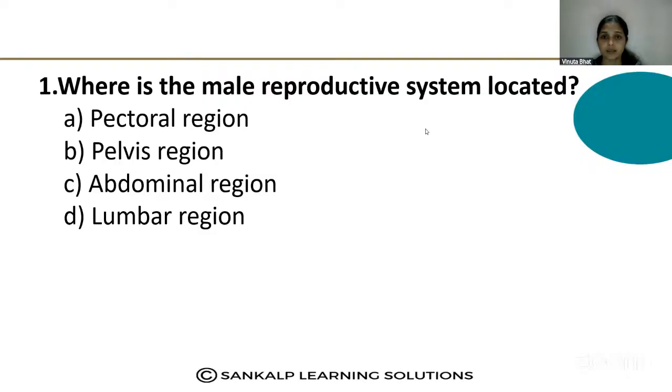Just write the answer in the chat box. The male reproductive system is located in the pelvis region of the human body.